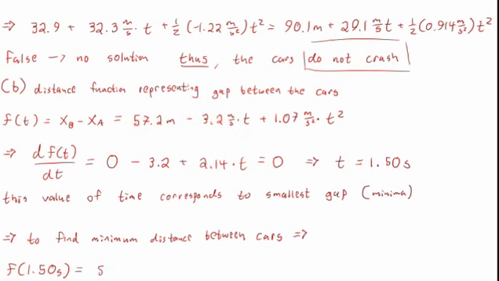And we're going to have 57.2 meters minus 3.2 meters per second times 1.50 seconds, and then plus 1.07 meters per second squared times 1.50 seconds squared. Okay? All right. So what do we get? Minus 3.2 times 1.5. Just plug in everything in the calculator. Plus 1.07 times 1.5 squared. Okay? All right. So I get a closest approach of 54.8 meters.